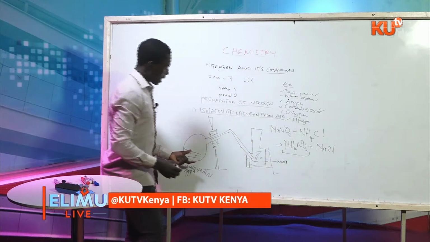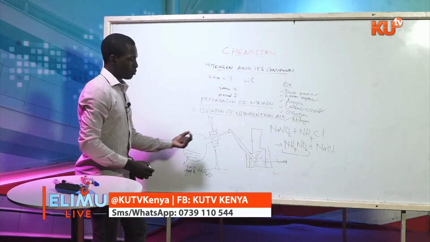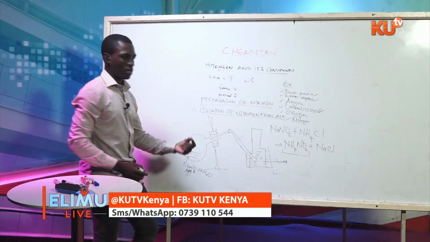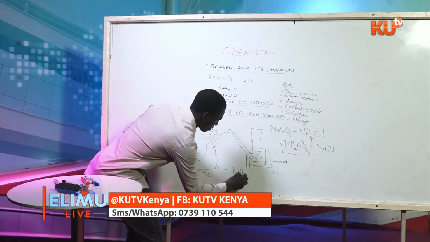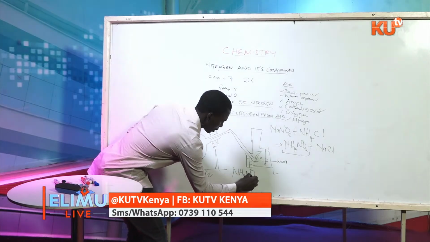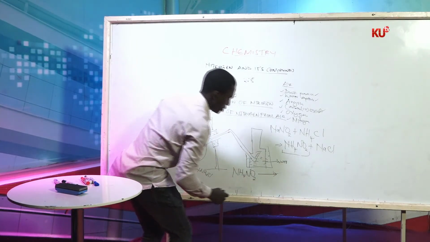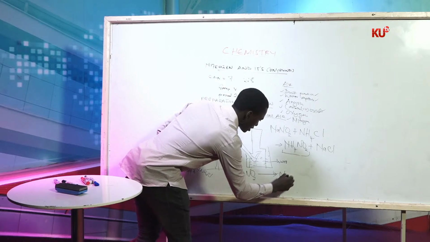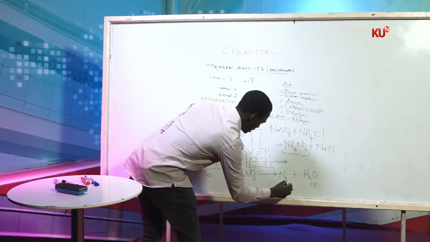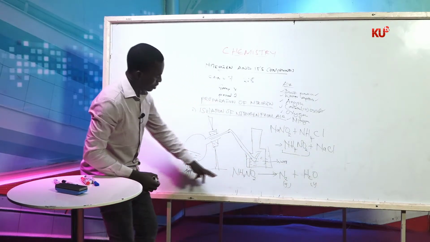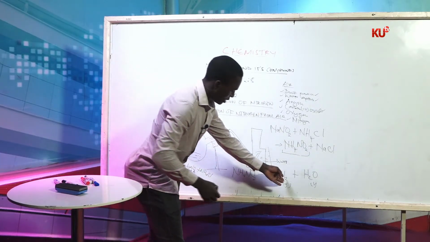Now, this ammonium nitrite undergoes thermal decomposition to produce nitrogen gas and water. This is ammonium nitrite here, undergoing thermal decomposition to produce nitrogen gas and water. So this is gas. Let's try to balance this equation. Nitrogen, you have 2 here.